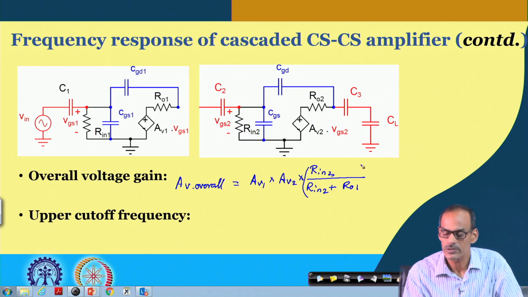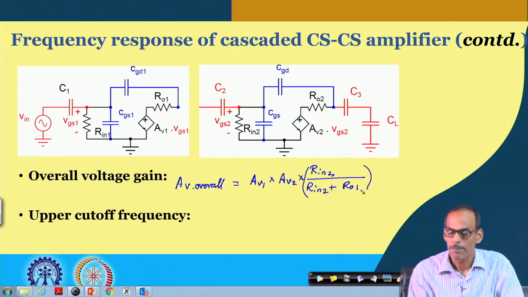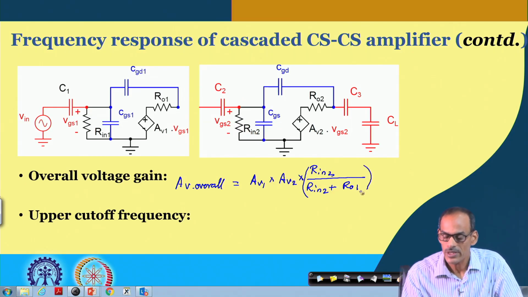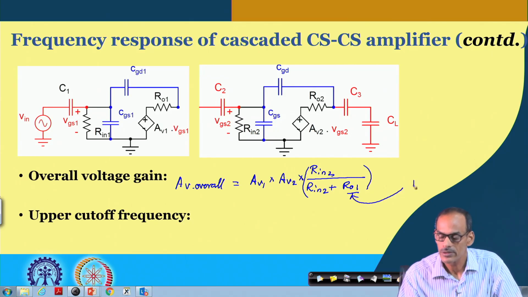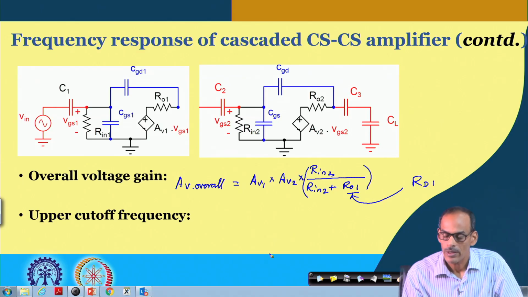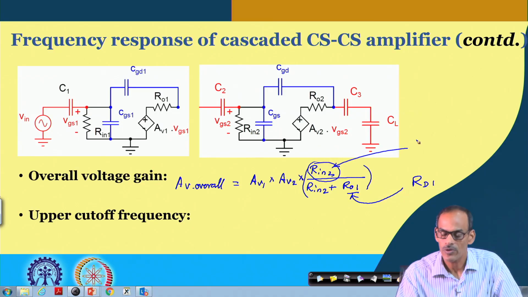So we have this attenuation part, and as I said, this RO1 is RD of the first stage, and Rin2 comes from the bias circuit, namely R21 and R22 in parallel.